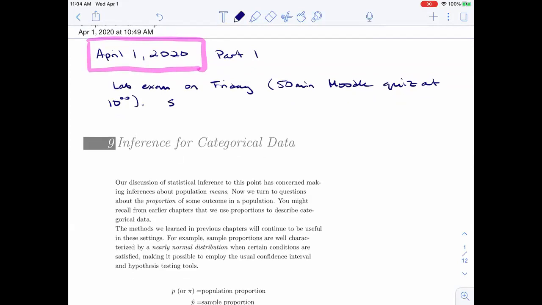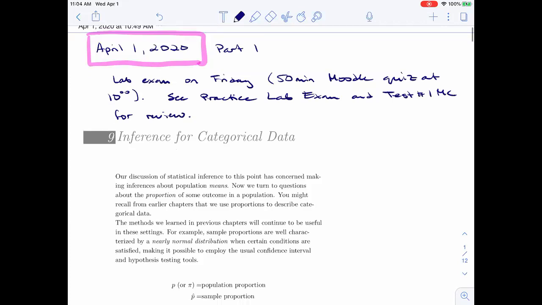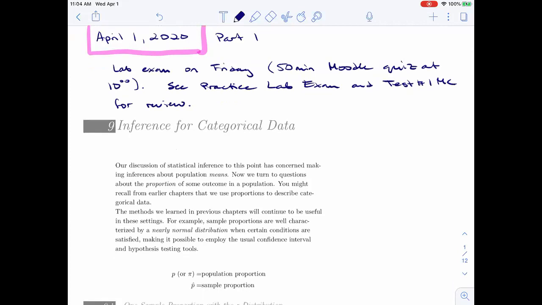Also see the practice lab exam and test number 1, multiple choice, for review. We've already covered a lot of those questions in test 1. There were a couple more, like pick the appropriate null hypothesis or alternative hypothesis. Those would be new, right? But besides that, we've done them all before.